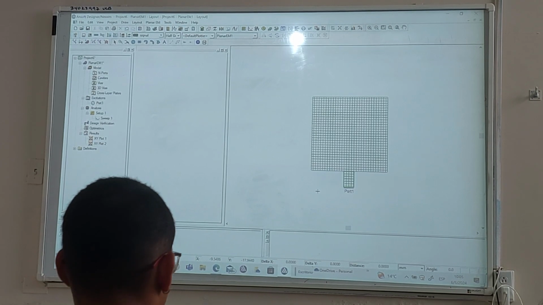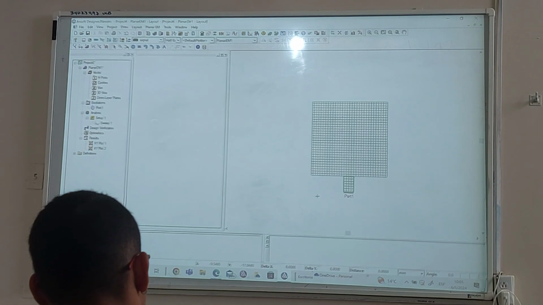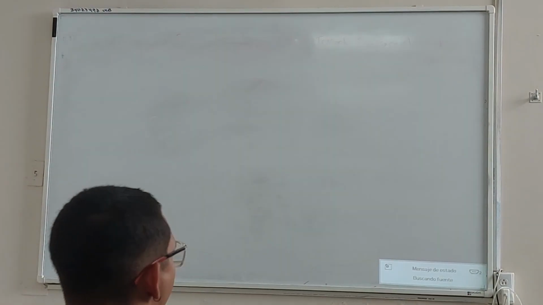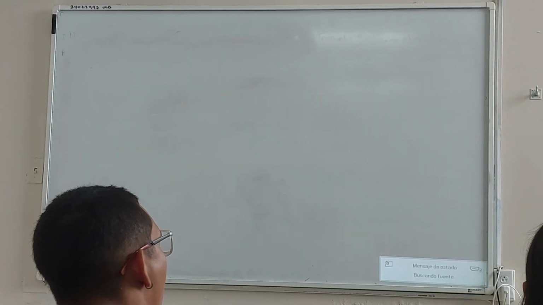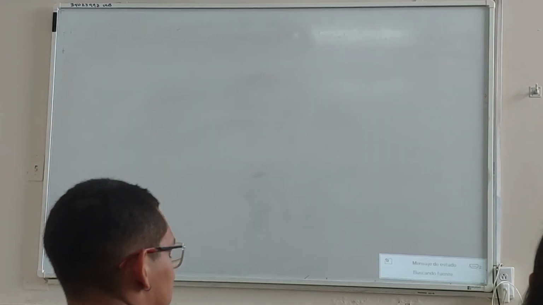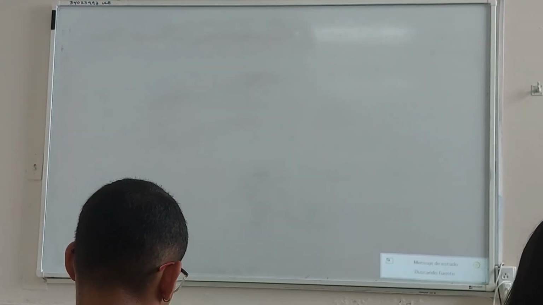How do we get this value? Simulating with this structure. The position of the port is not really important for this structure, but it's important to define the dimension of the antenna.